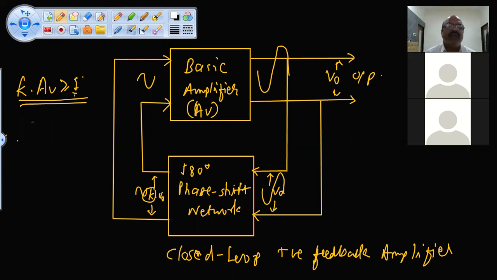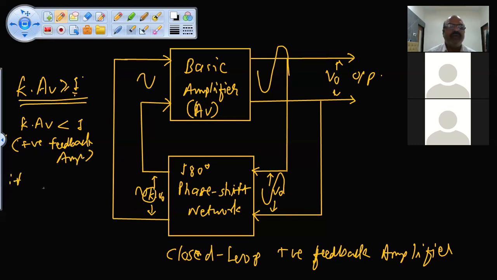If K times AV is less than 1, it becomes a positive feedback amplifier.